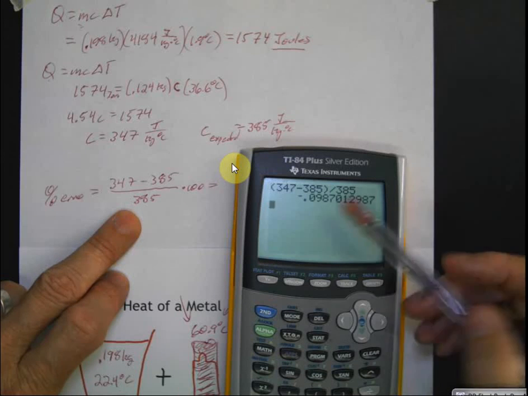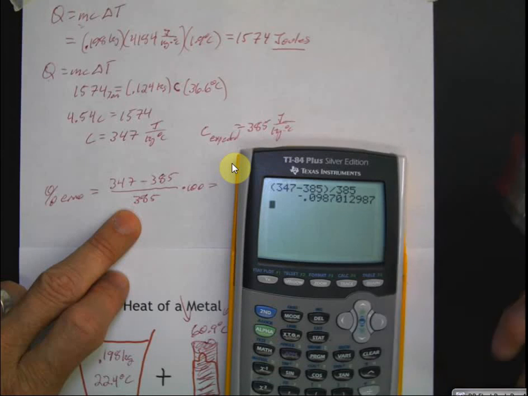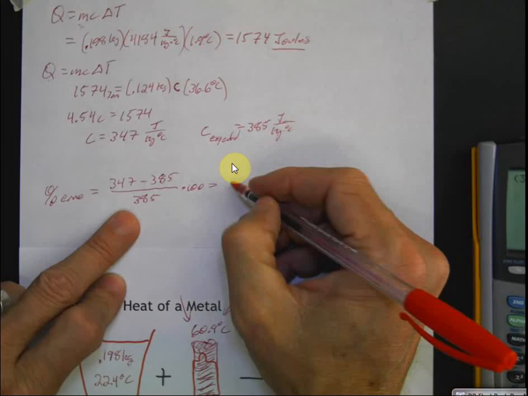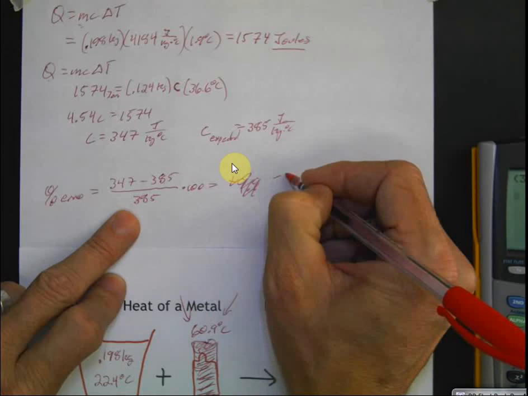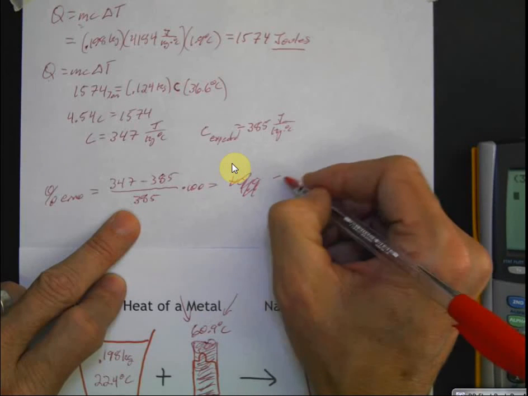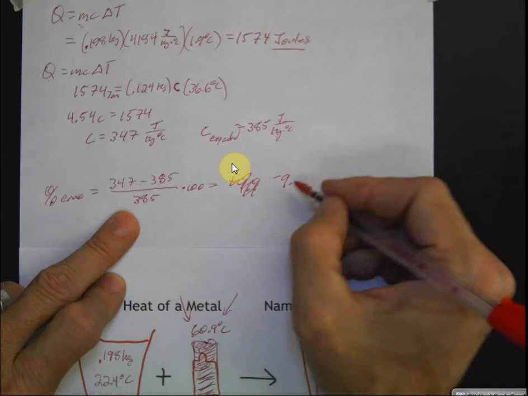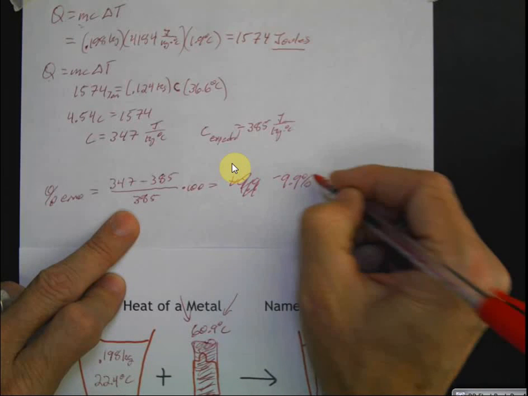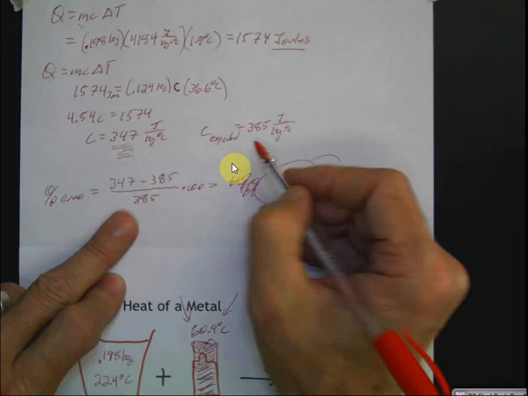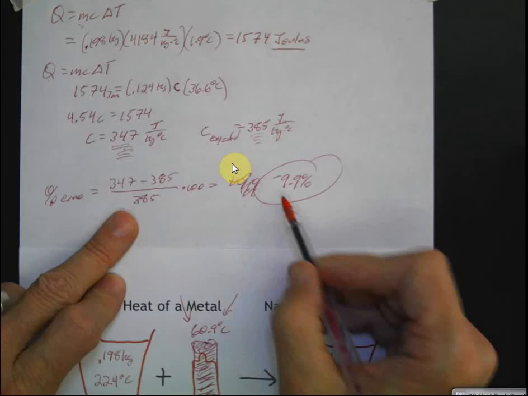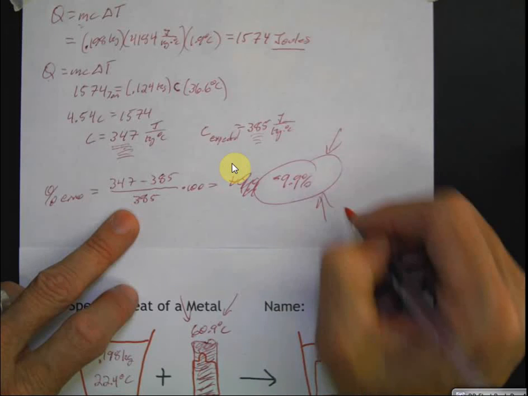Okay, we move the decimal for percentage, and we get about, let's call it, 3.9%. Okay, so we get a negative 9 point, I think I misspoke there. We get a negative 9.9%. Okay, the negative just signifies that our answer was smaller than the expected answer, which is nice. And we have a 9.9%, which is about right for this lab, not a bad result at all.